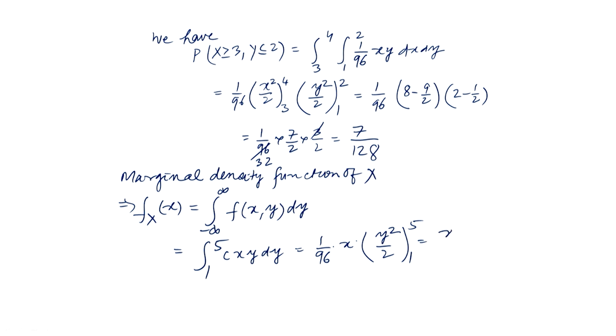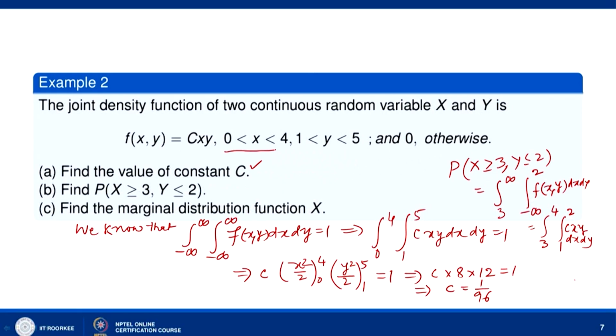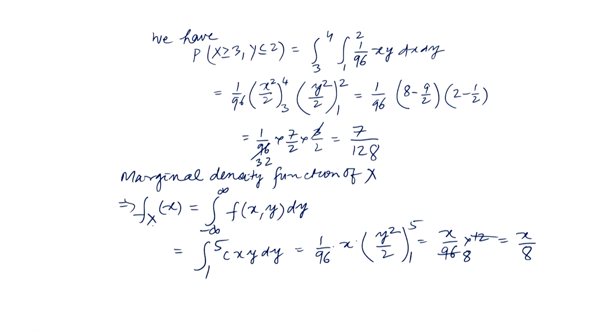So, x by 96 and we have 25 by 2, when you put y as 5, 25 by 2 minus 1 by 2. So, we have 12, and 12 eights are 96. So, we have x by 8. So, if x lies in the interval 0 to 4, then f1(x) is x by 8.